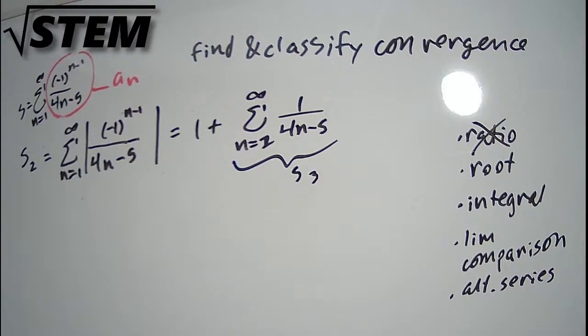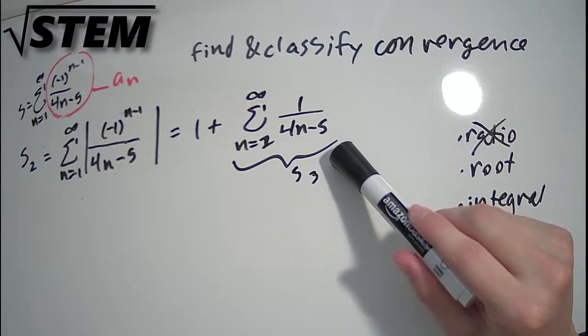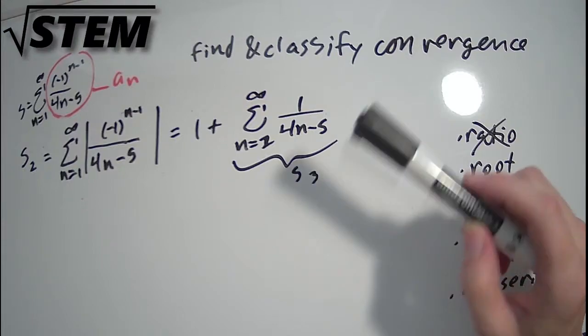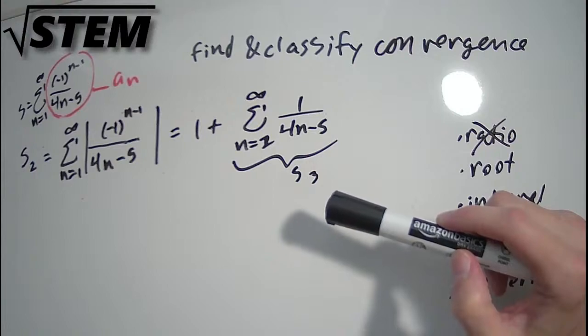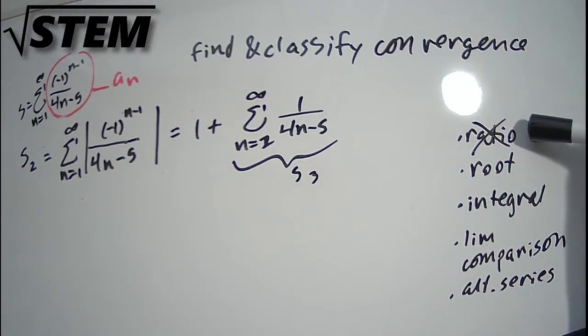For S3, how can we find its convergence? I think the ratio test will again fail us with this one, because we'll still end up with 4n on the top and 4n on the bottom. So we would not get any information from that.